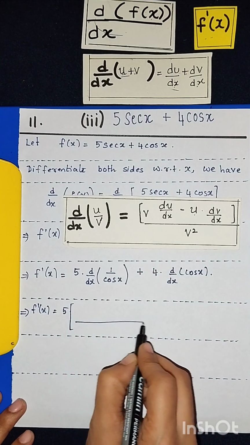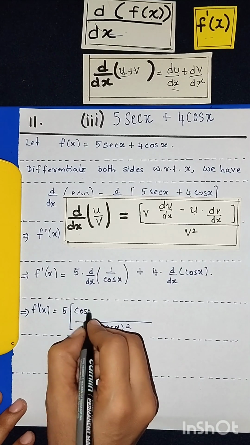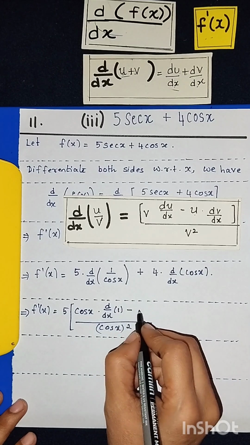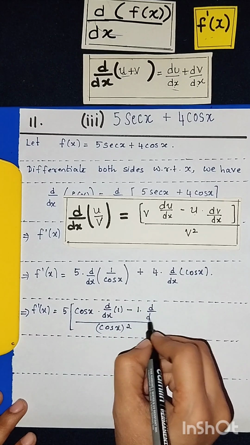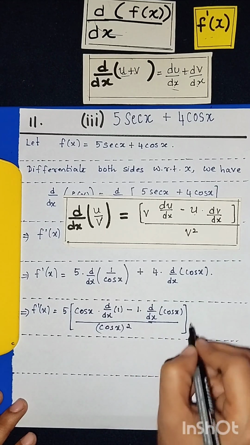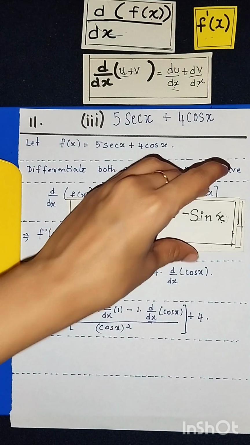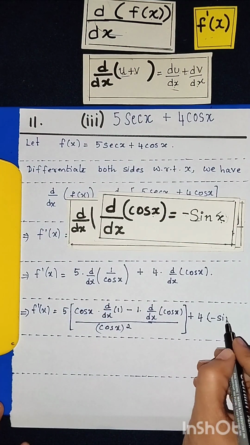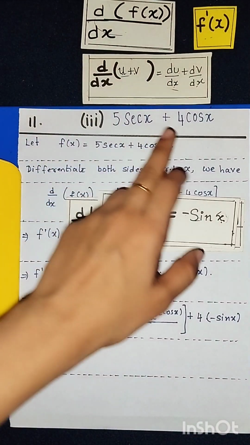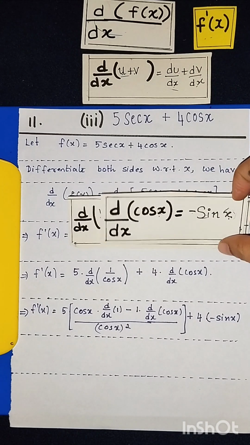So you will get in the denominator cos x the whole square, into cos x d by dx of 1, minus 1 into d by dx of cos x, plus 4 times the derivative of cos x. You can write this directly, minus sin x, which we proved using the first principle. So in the question, if they have mentioned using first principle, then you have to apply the first principle and solve.